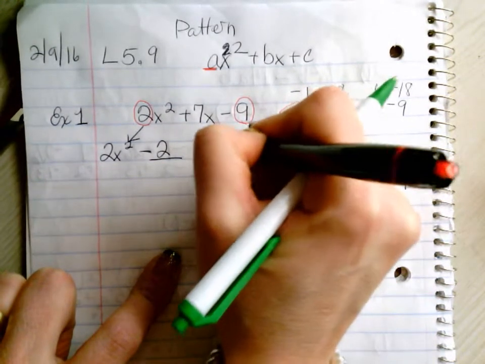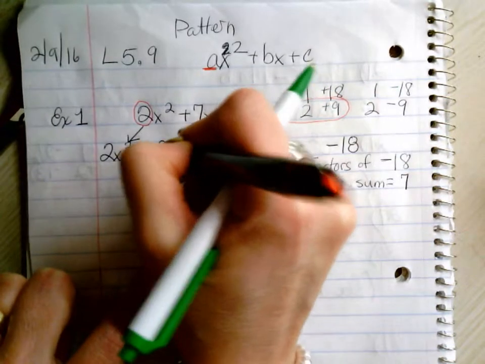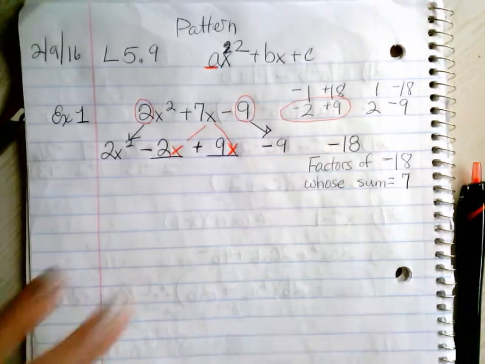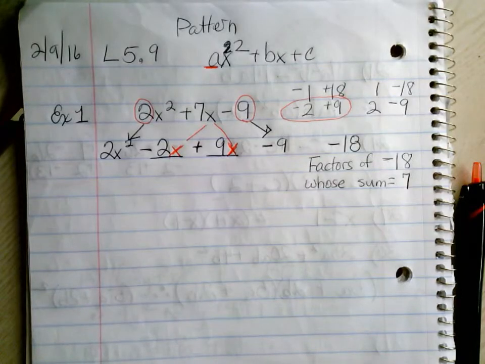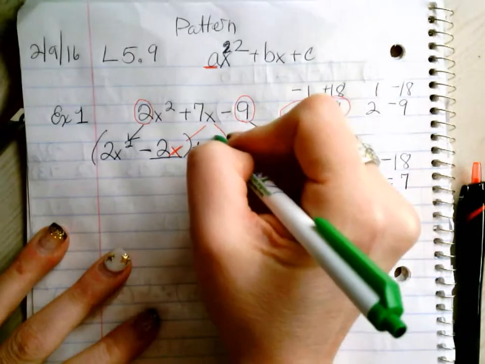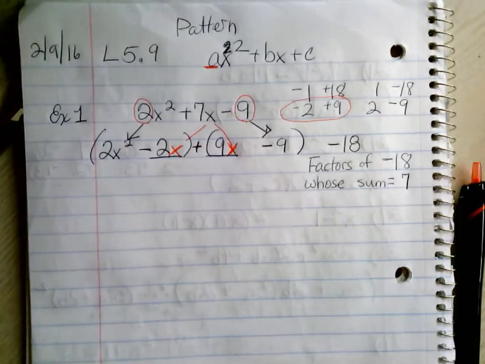Place an X here and an X here. You're like, Mrs. Myers, I'm not seeing it. So we're going to do it a bunch of times. Now, factor by grouping. I'm going to group these two together, and I'm going to group these two together.